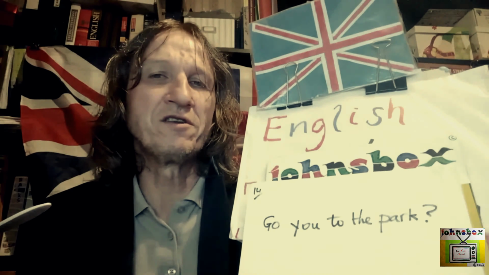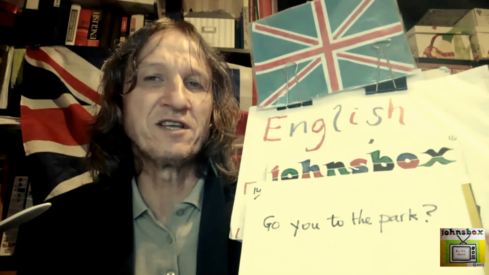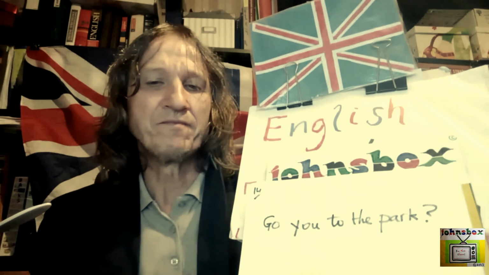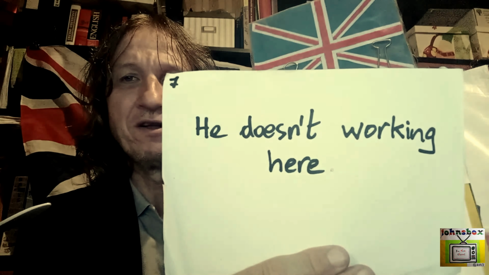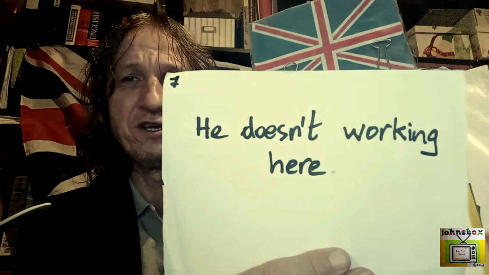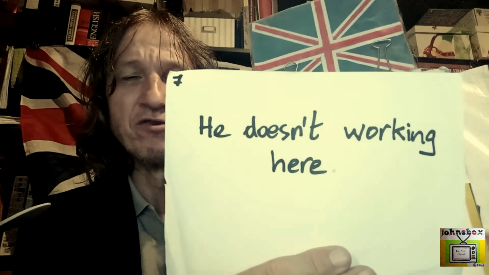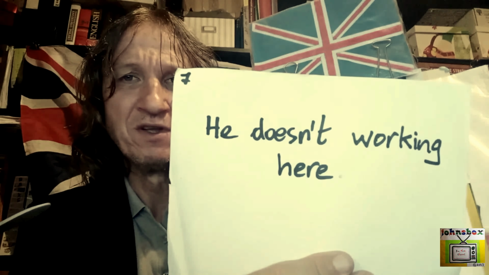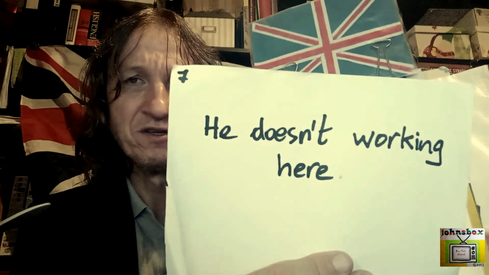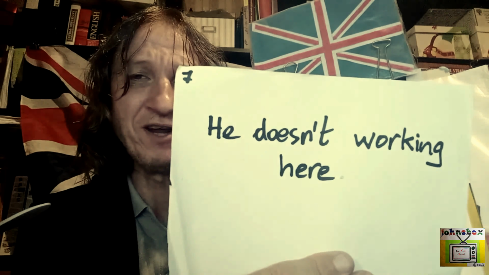So we are at the halfway stage, sentence number 6 then. He doesn't working here. We're trying to give some general information. We're not describing an action. If we were, it would be he isn't working here at the moment, which is perhaps correct there.